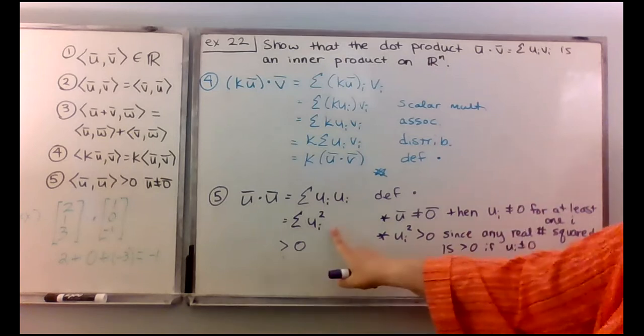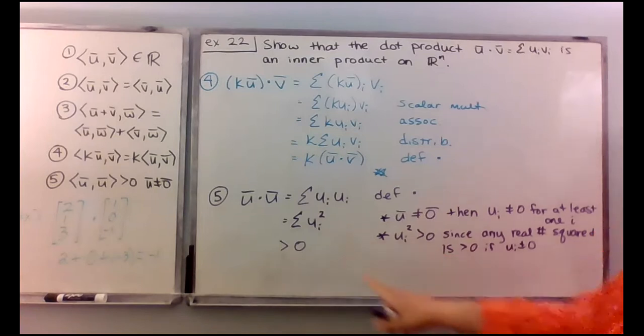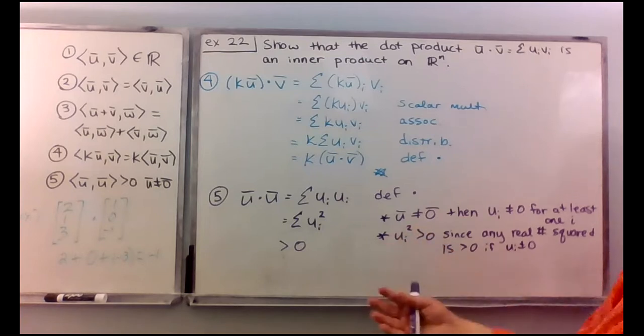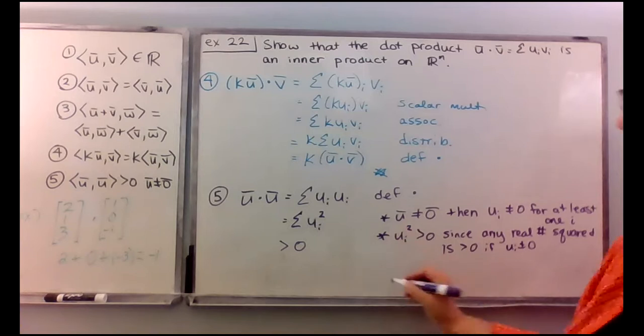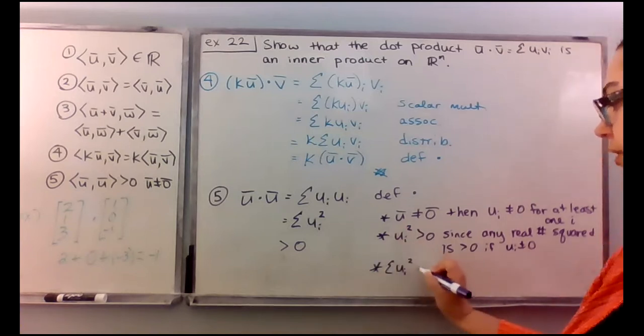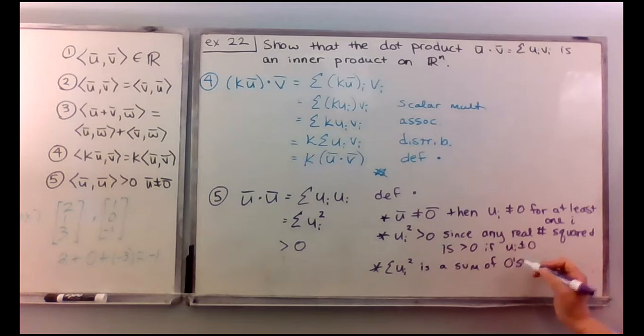So this summation is going to be greater than the sum of this particular thing, because all we're doing is adding either zeros or positives. So the summation of u_i squared is a sum of possibly zeros and positive numbers.